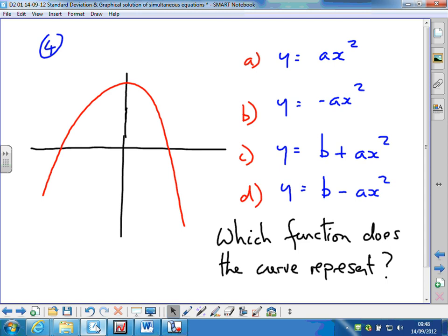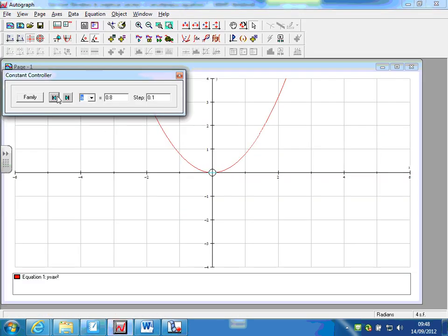If I make a negative, what effect will that have? Right, it will switch the curve upside down. So if I make a negative, it goes the other way. So minus ax squared will go there. Note, when x is 0, the whole thing's 0. So it's always going to go to the origin, this point here.